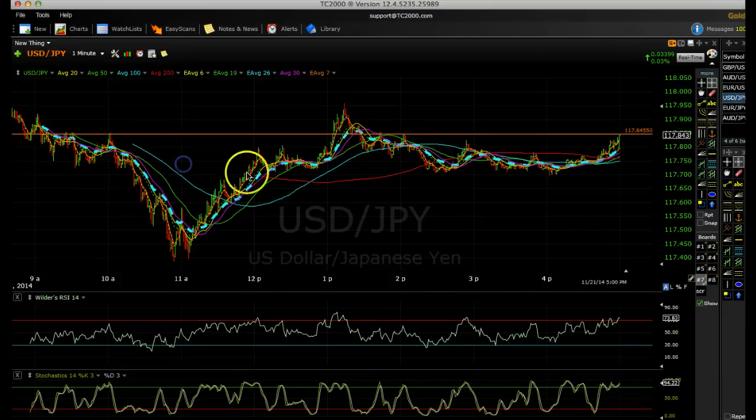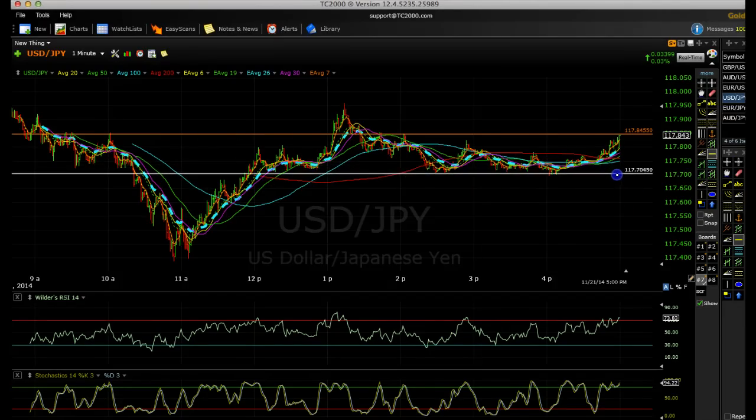Alright, so on a minute chart, I mean, we could place some levels here on the minute chart. This was a nice channel here, so I placed it here because of that. This stop here, this stop here.